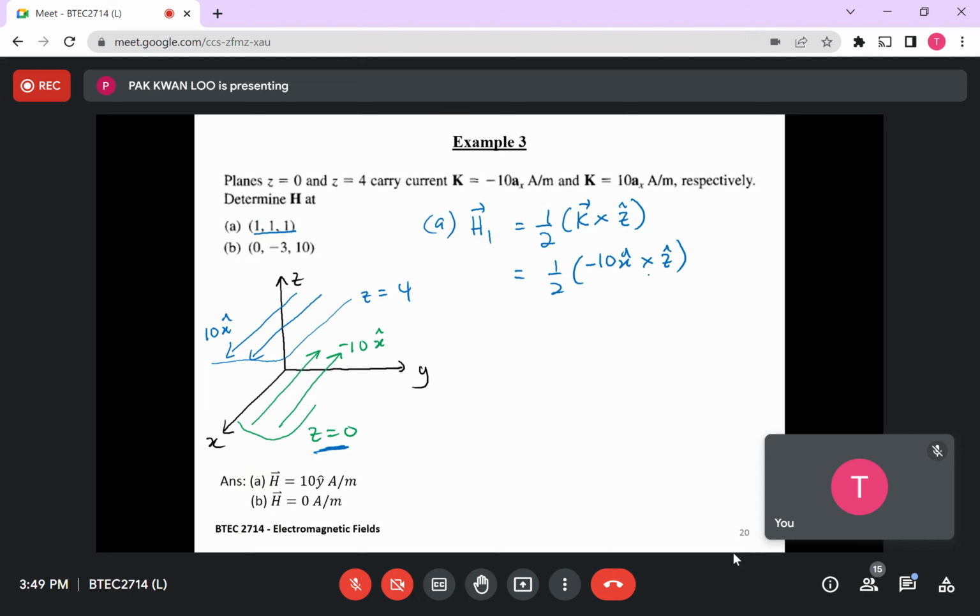So x cross z is -y, but since there's a negative here, it is 5 positive y cap, right?